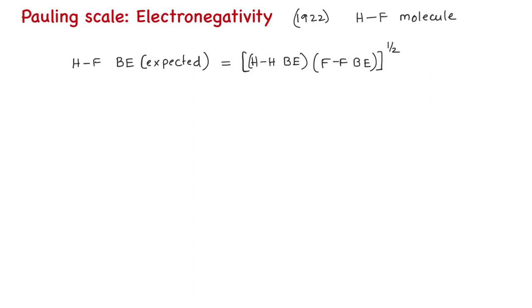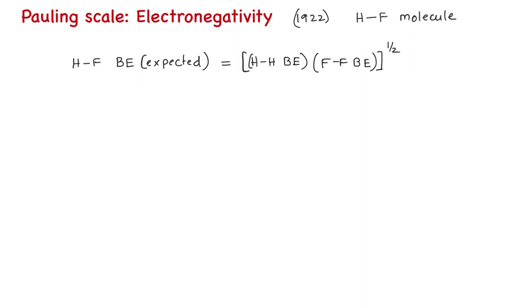Linus Pauling, in the year 1922, assigned the electronegativity of all the elements in the periodic table relative to the fluorine atom. Let us now discuss how he assigned these electronegativity values. Let's take an example of the hydrogen fluoride molecule. Linus Pauling reasoned that the HF bond energy should be a geometric mean of the HH bond energy and the FF bond energy.